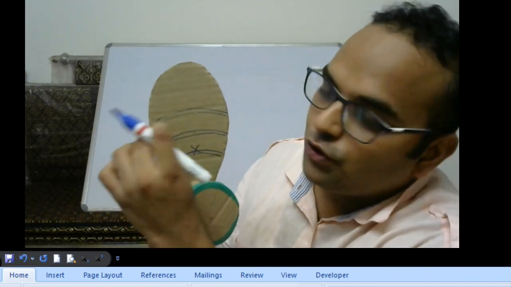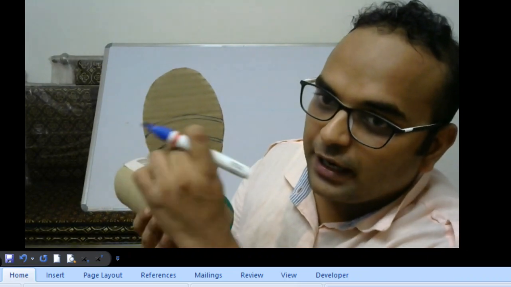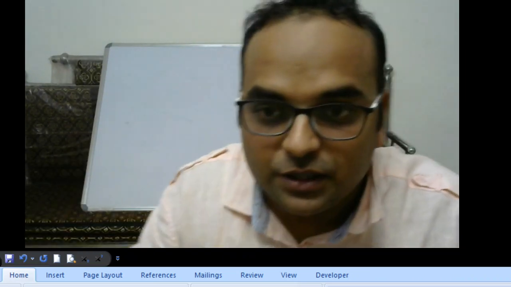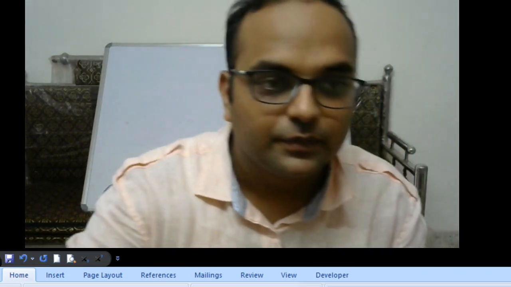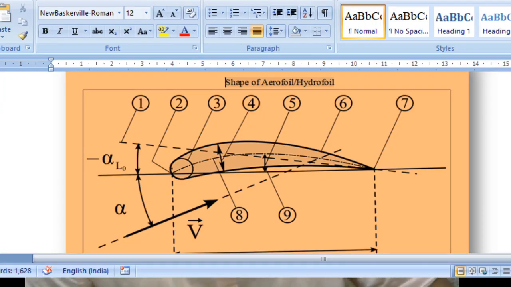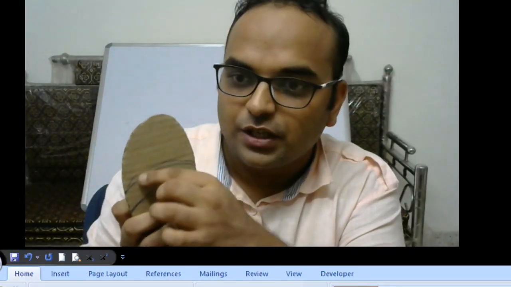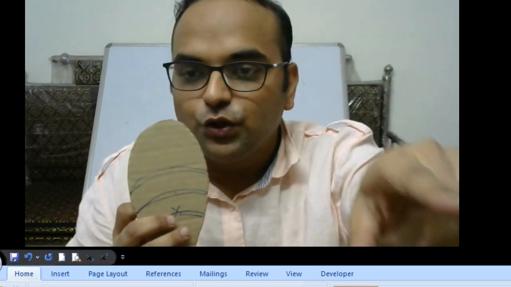So these individual elements are hydrofoils, which we are going to study in the coming slides. Okay, so this is the top view. If you cut this section and view from the top, you will see that kind of aerofoil shape.